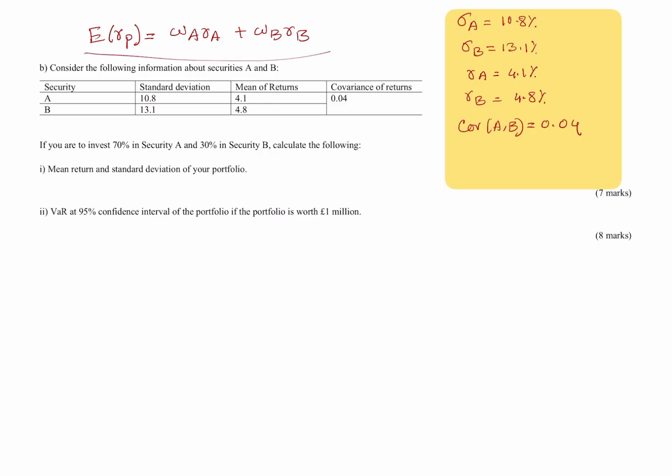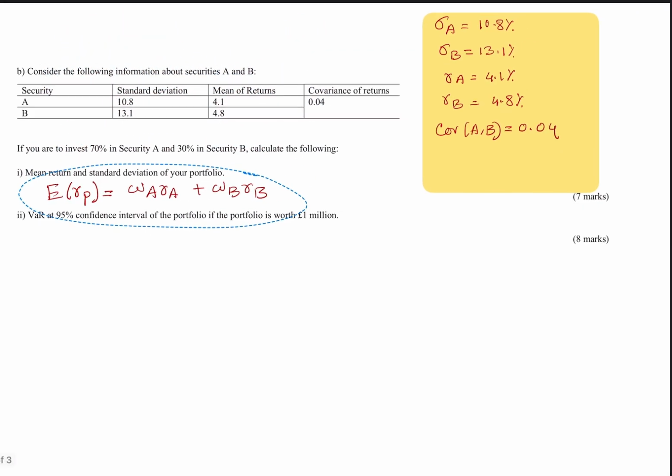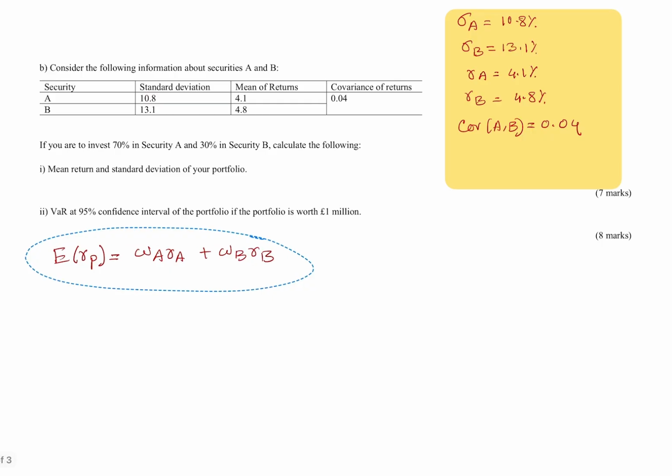So if you want to calculate the expected return of the portfolio, what do we have? We've got WA, by the way, I forgot to write WA, which is 70%, and WB, which is 30%. Together it has to be 100%.